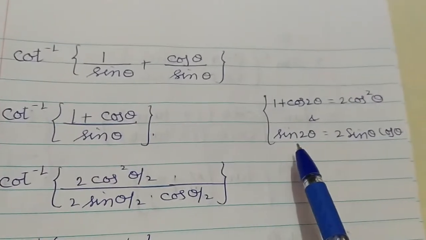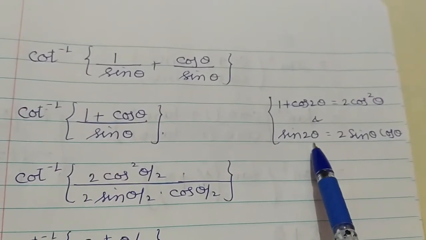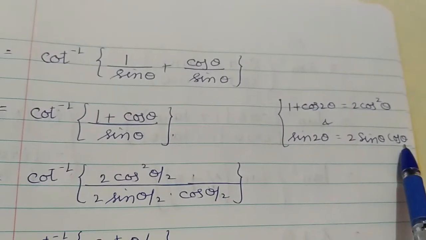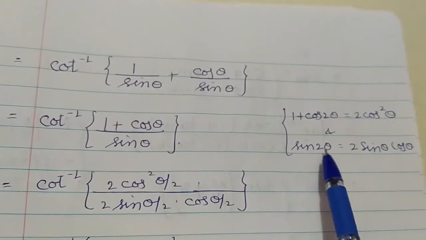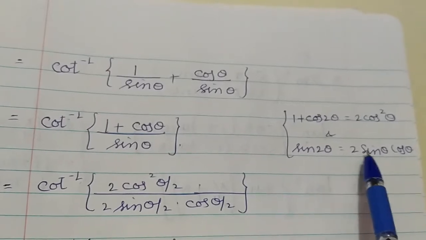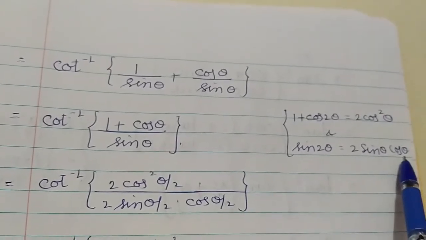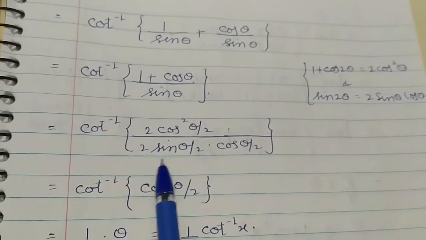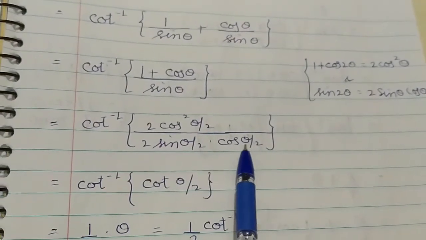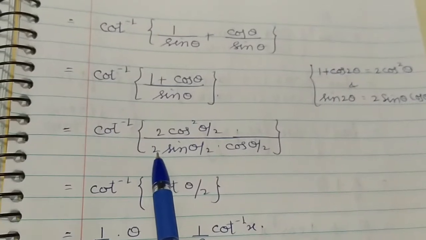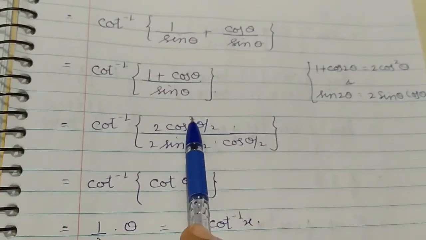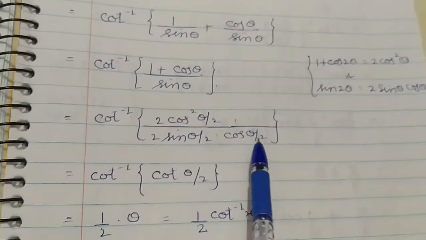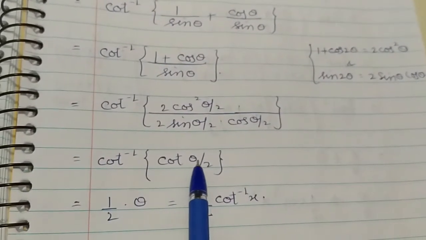We apply the formula sin 2 theta equals 2 sin theta cos theta, so sin theta becomes 2 sin theta by 2 cos theta by 2. 2 and 2 cancel out, a single term of cos theta by 2 cancels out, and we get cot inverse of cot theta by 2.